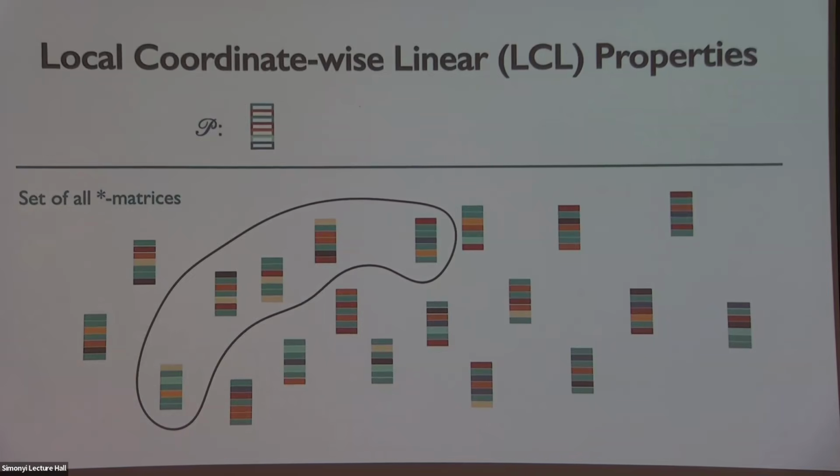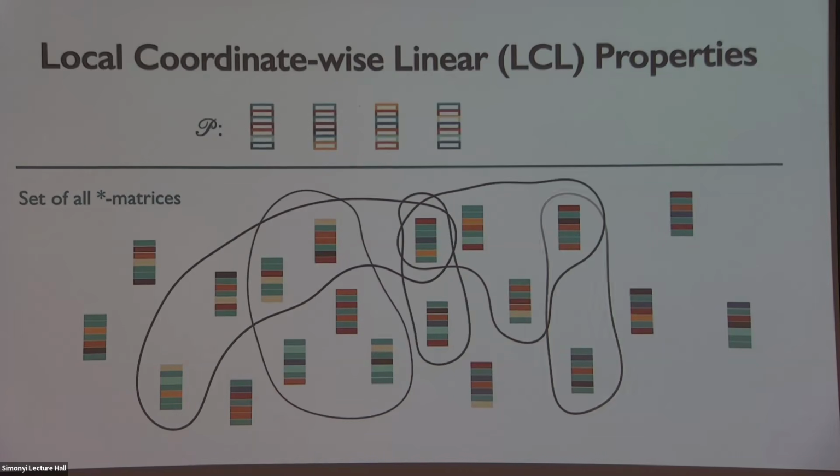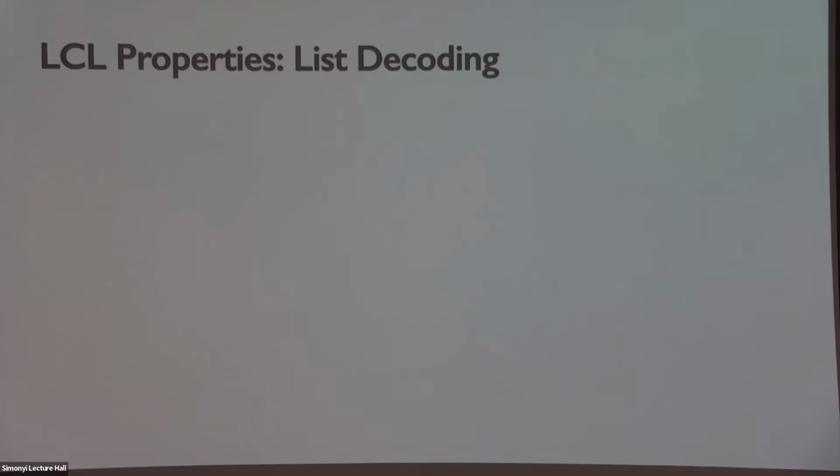That's okay. Good, so that was the notion for LCL properties. Oh, I guess the picture of a matrix is confusing because it says that all the columns are identical, right? Yeah, it does. I thought about that, but this was the best way I could think of visualizing it.